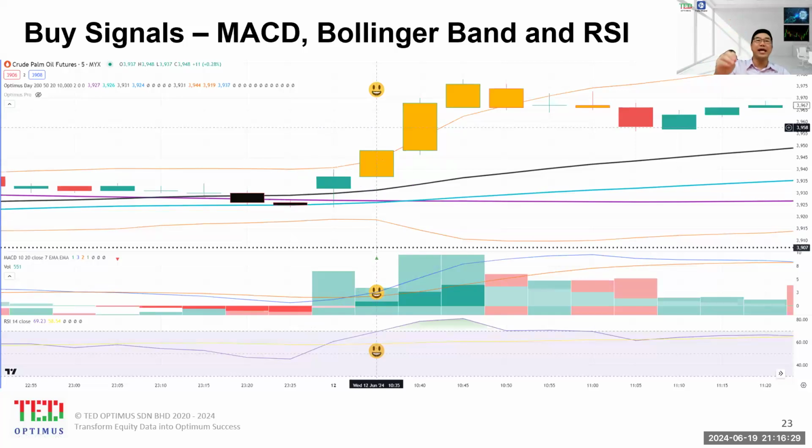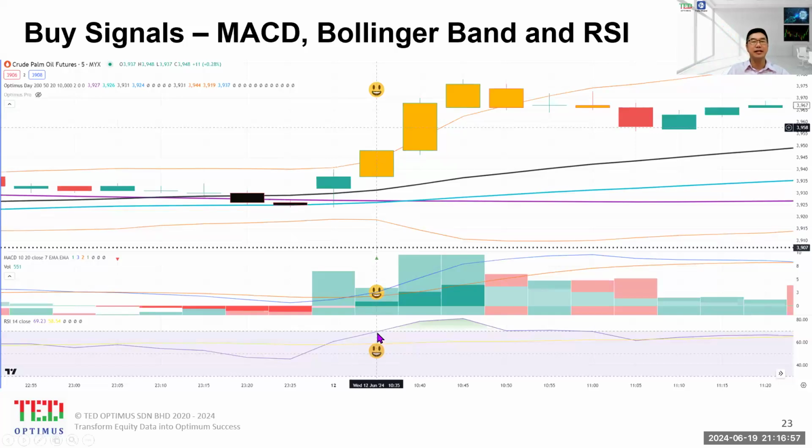This is the way we short-term traders will take a trade. That means above BB upper, golden cross, and also above 70 on this RSI. If you solely study book theory, when the price touches the upper Bollinger Band, you should sell.